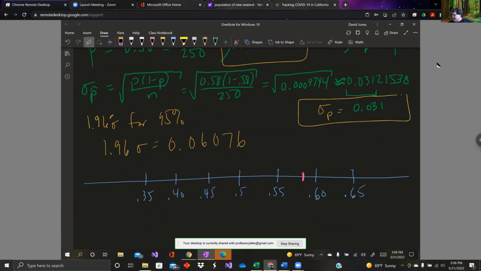And if I add 0.06076 to that, I get 0.64076 right there.